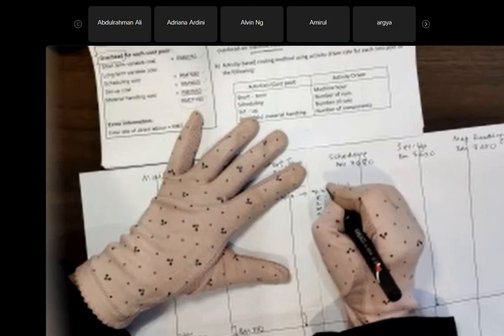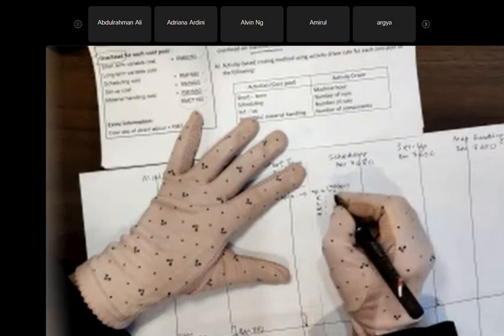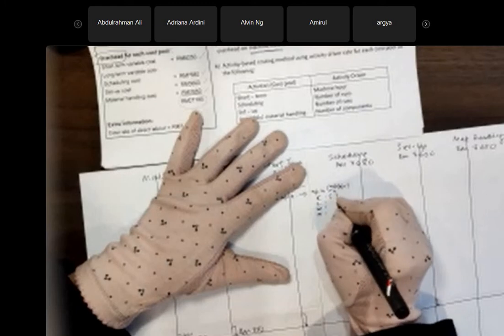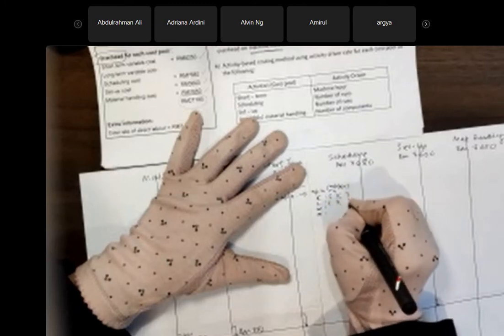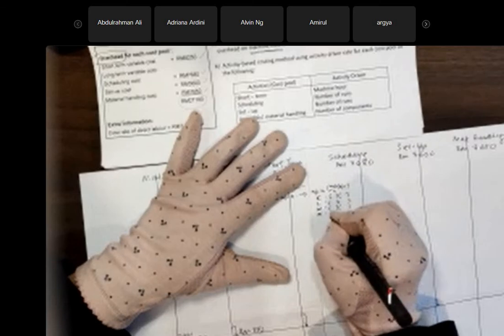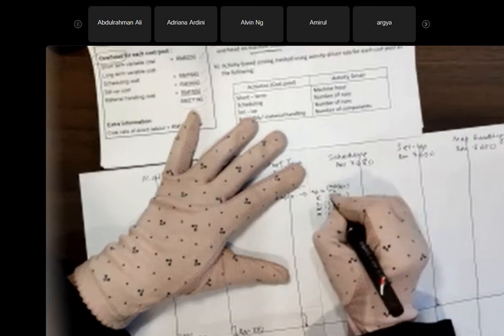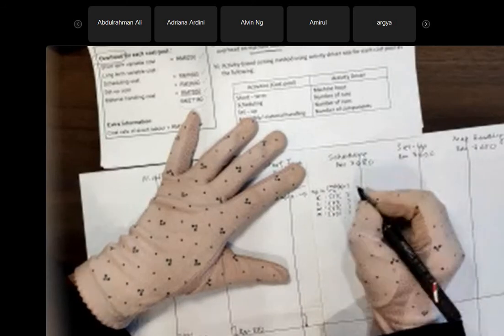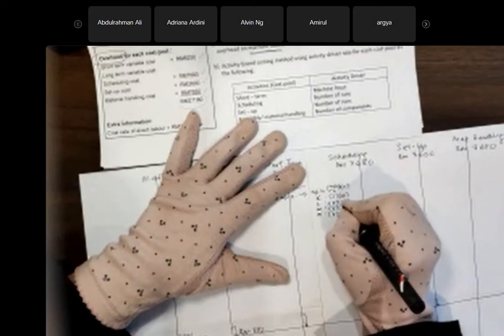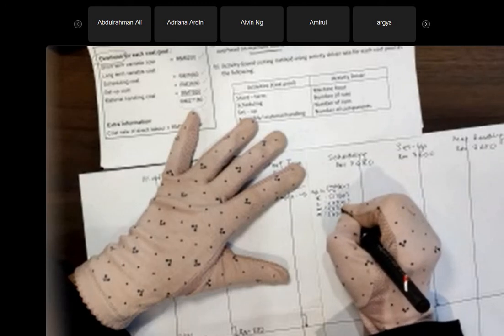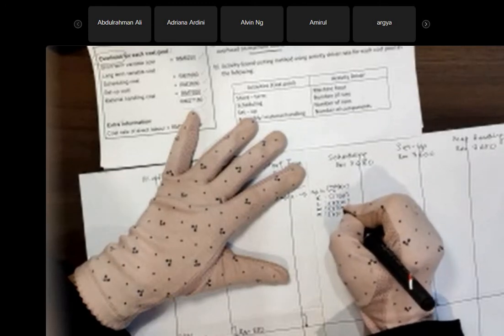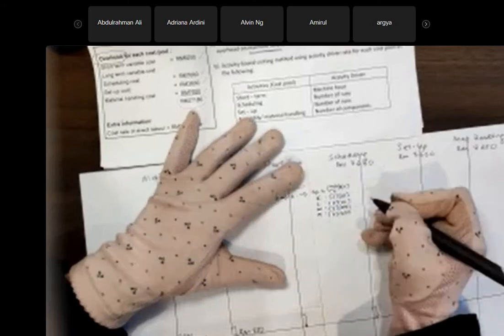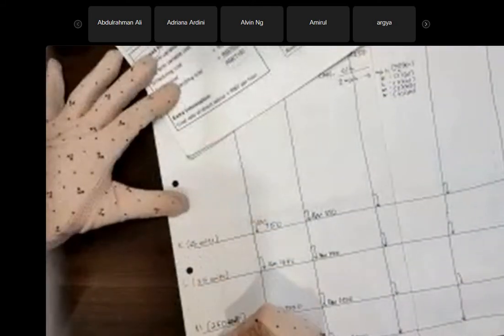So there are 2 things you have to multiply. Previously you have calculated the units: 25, 25, 250, 50. This is the unit, and the machine hour.